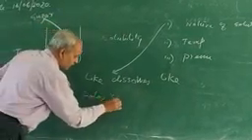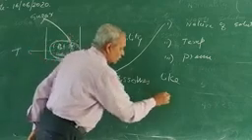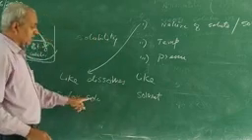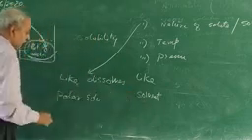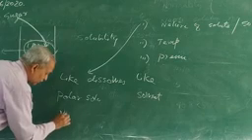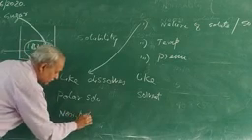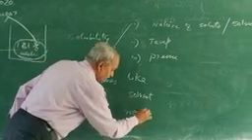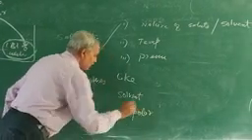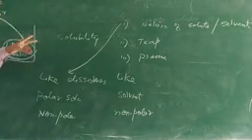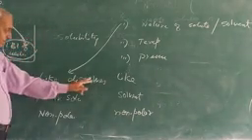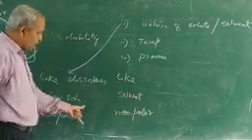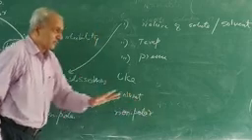Polar solutes are soluble in polar solvents, and non-polar solutes are dissolved in non-polar solvents. So for the nature of solute, the interaction should be of the same type. Polar dissolves in polar solvent, non-polar dissolves in non-polar solvent.